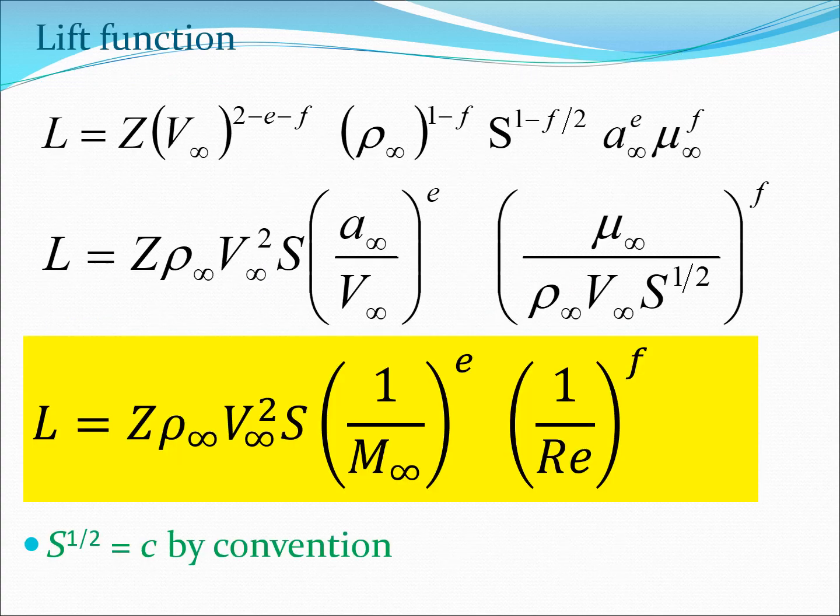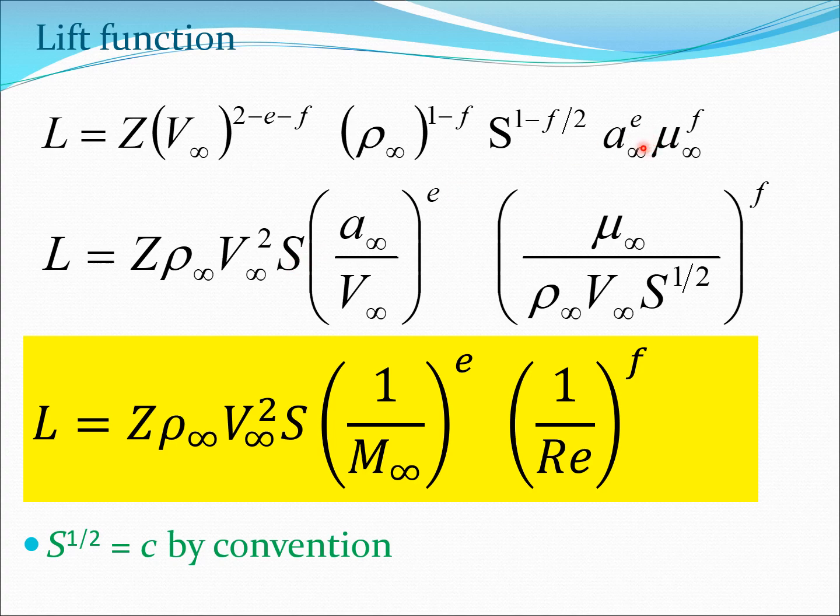So now what I'm going to do is I'm going to take that equation which I wrote in the previous slide, and I'm going to simplify it further or write it in a different form. So let's say we pull out one by one the different quantities. So let's pull out rho infinity here. You see there is a rho infinity to the power 1, so I can bring that out here. I get rho infinity. There's a V infinity to the power 2, so that's this value here. And there is S to the power 1, so that's this value here.